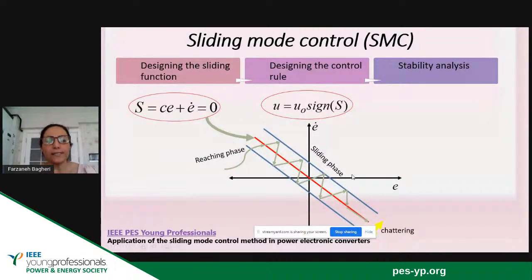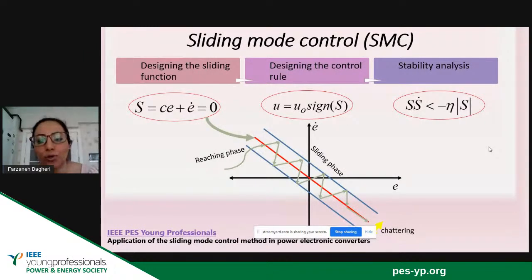So right now there is a question here. How is it happening? How will this control rule help us take all of the state variables from their initial points to the sliding surface and then keep them sliding on this manifold? It is the stability analysis. It should happen for all the control methods, and it will guarantee that your system is stabilized and sliding on the line.